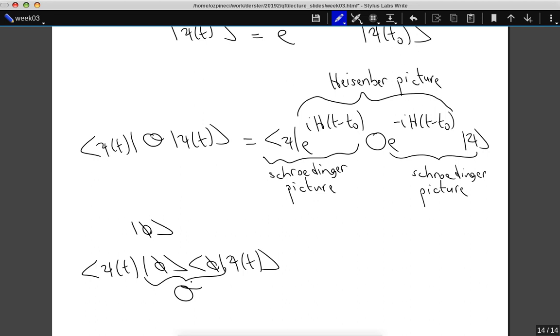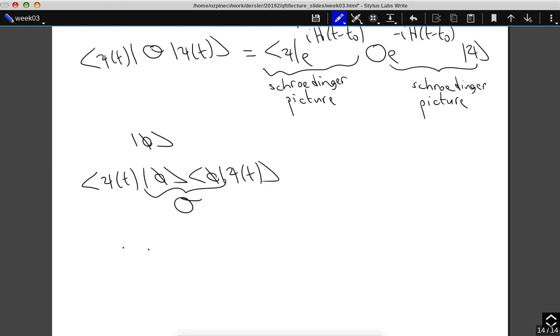Now, what happens when you have perturbation theory? Okay, this is correct, but the problem is we cannot usually solve this. For an arbitrary Hamiltonian H, the solution will not be possible. But we will still be able to separate the Hamiltonian into two parts.